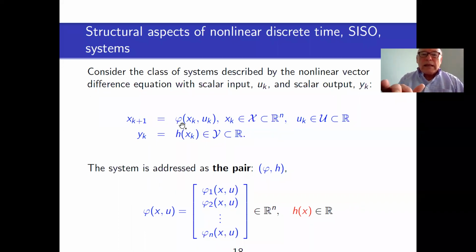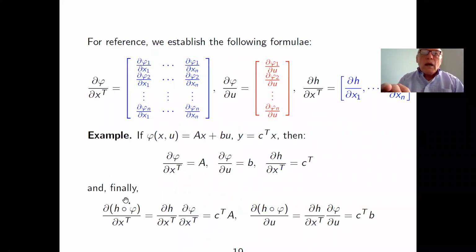For us, the next state map is sometimes written in terms of x and u, and h will be denoted by h of x. When there is a need to specify time explicitly, we will do so, but in general this is the correspondence. So we have a fairly general nonlinear system. Of course, we have to make some precisions on phi. Phi will be a nonlinear vector function of the state.